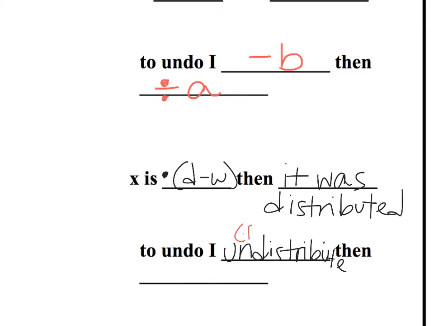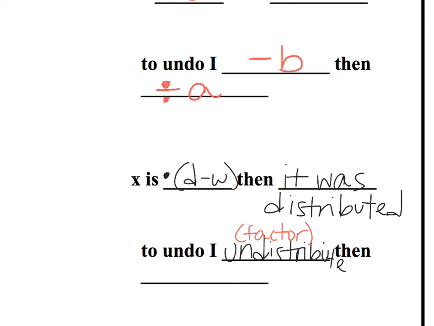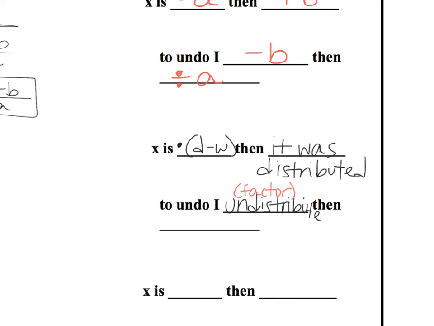Another word for that is factor. We'll talk more about that second semester. But for now, you can think of it as undistributing, taking it back out. And then it said it was multiplied by d minus w. So what is the opposite of multiplying by that? Yes, Ernie? Yeah, so we're going to divide by d minus w.